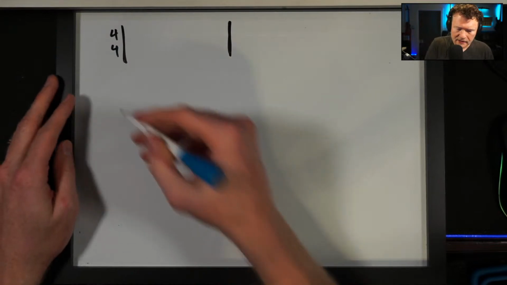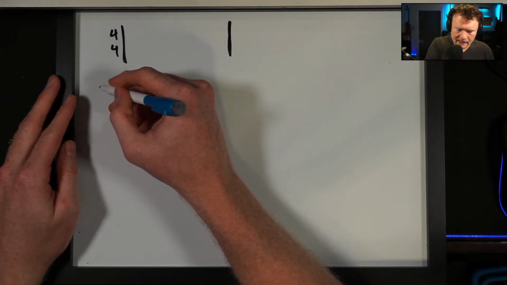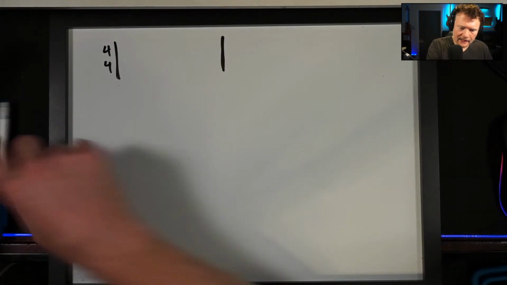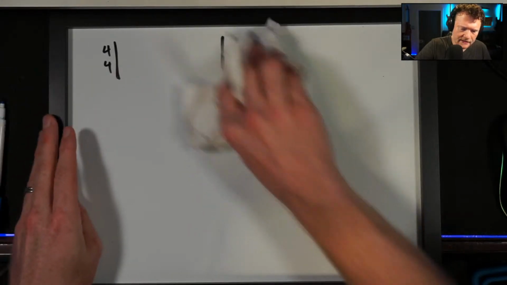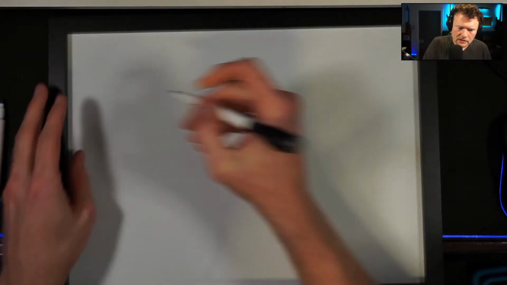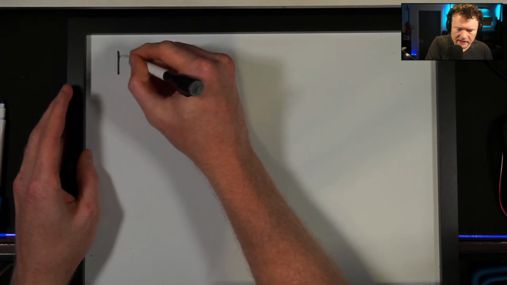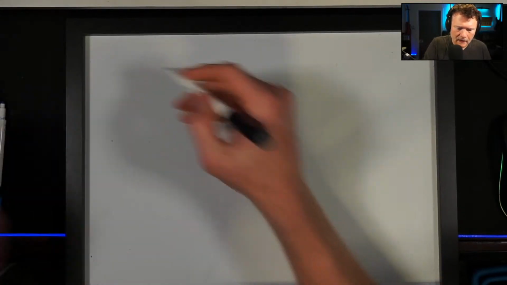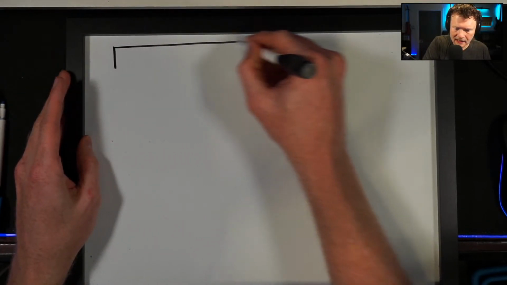Okay. So let me see if I can make a key up here. Let's say we have a whole pizza here. Actually, you know what? Let's do this. A whole pizza is going to be like this.